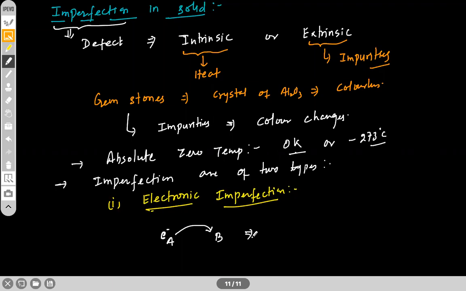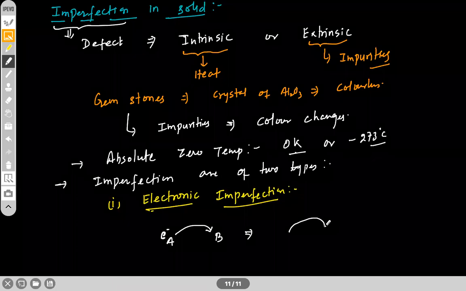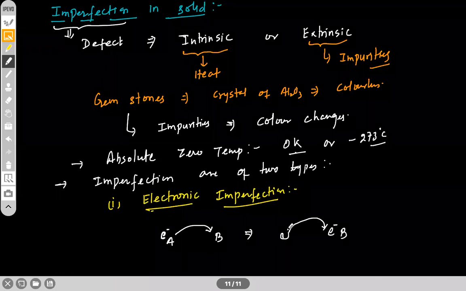The electron moves from A to B. Now the electron is at position B, but position A is unoccupied now. It is vacant. This is the vacancy we have, since the electron has jumped. So this vacant site that is created, we call it a hole.